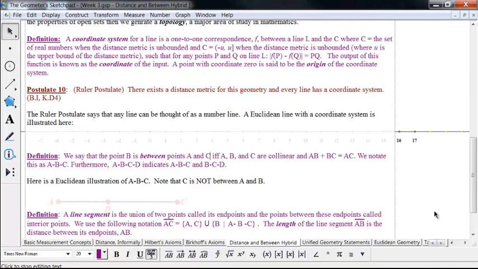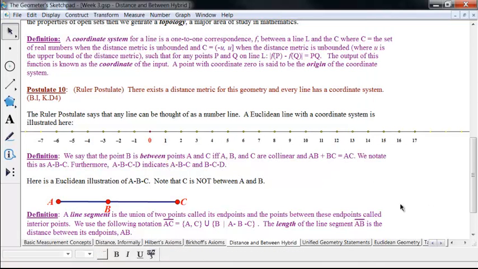Furthermore, we will use the notation A-B-C-D to indicate that A-B-C and B-C-D. In other words, A-B-C-D indicates that B is between A and C, and C is between B and D. So we'll take that as a definition.